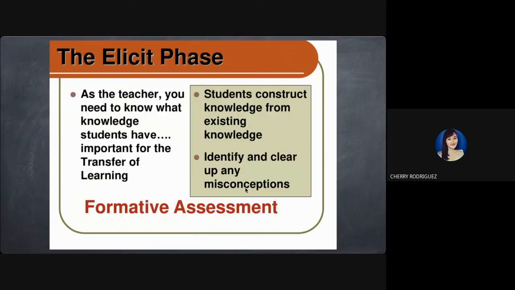So let's take a look at the different phases given by the 7 E's model. So the elicit phase: now as the teacher, you need to know what knowledge students have. So it pertains to the prior knowledge. It is very important, a key or vital role in transferring learning to our students. So the students construct knowledge from existing knowledge, identify and clear up any misconception.